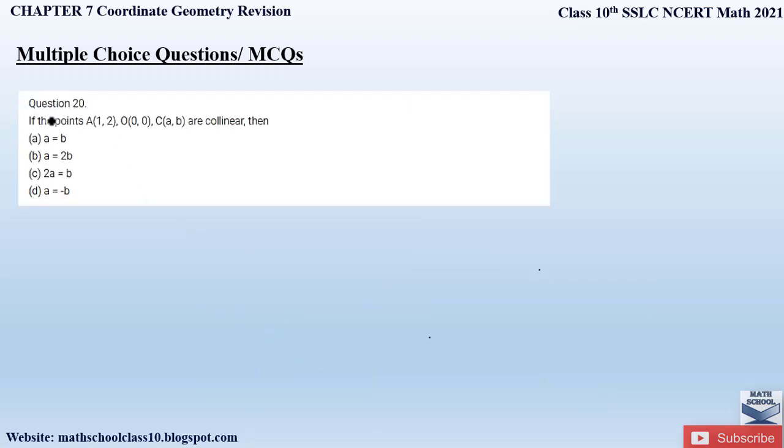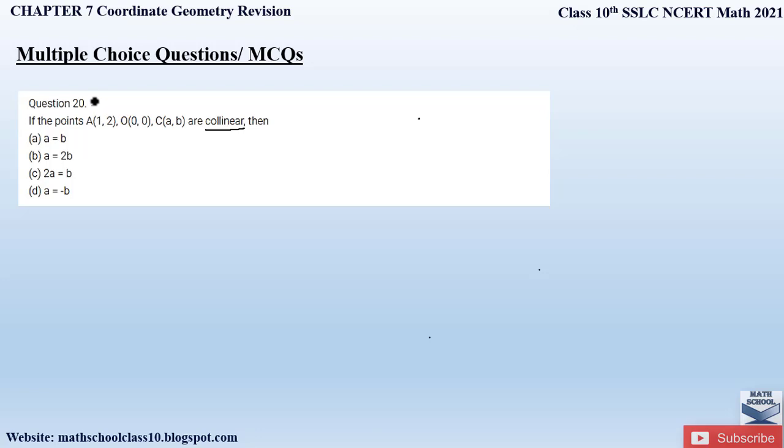So our last question is question number 20. If the points A, O, C are collinear, then the word collinear says that area of a triangle is equal to 0. So when the area is 0, we have to find out this relationship. So in a triangle there are 3 vertices.